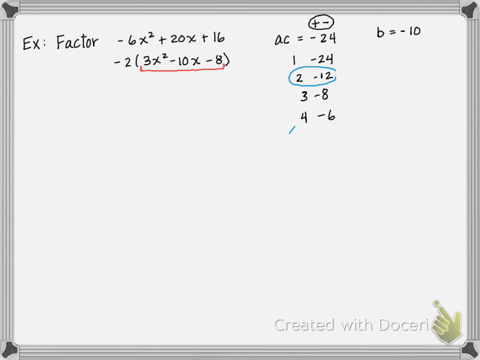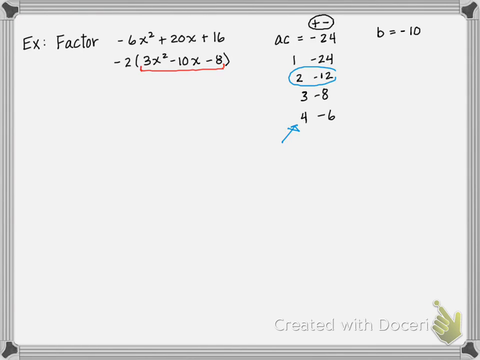Notice how easy it would be to make a mistake if you didn't decide on your signs first, because 4 plus 6 is 10, right? If you had done two negatives or two positives, then it would have been 4 and 6, not 2 and 12. So this is why deciding on your signs is so important at the beginning, so you don't try to force it. You'd be like, oh, it's 4 and 6, and I just have to make them both negative.